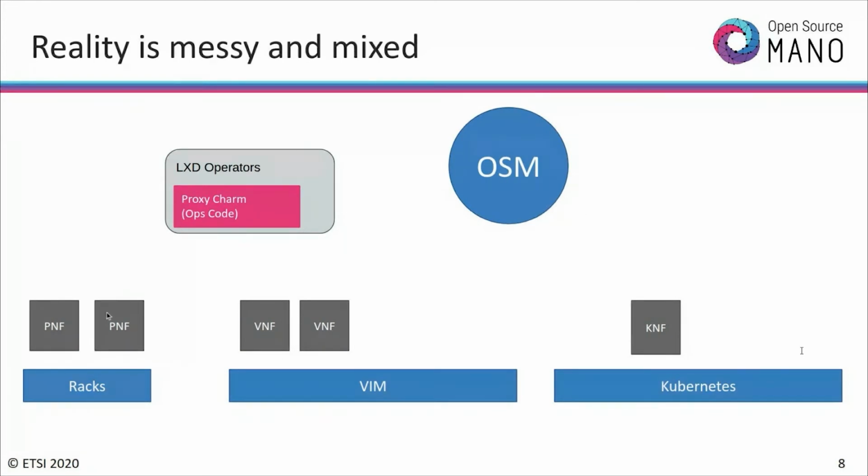So this code doesn't exist and doesn't touch the PNF. PNF, as far as it knows, is perfectly happy and has no new software, doesn't know that there's something new that's talking to it. So OSM carves out this space, creates this environment for the operational code to execute, this proxy charm, and that will then reach out to the PNF and perform operations.